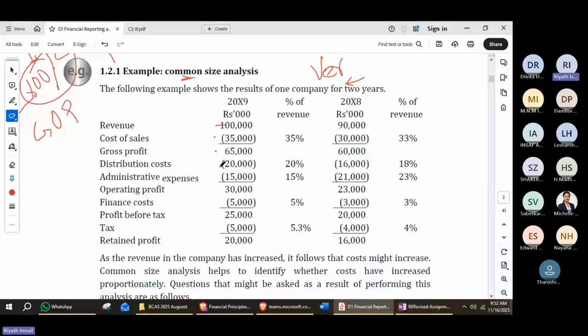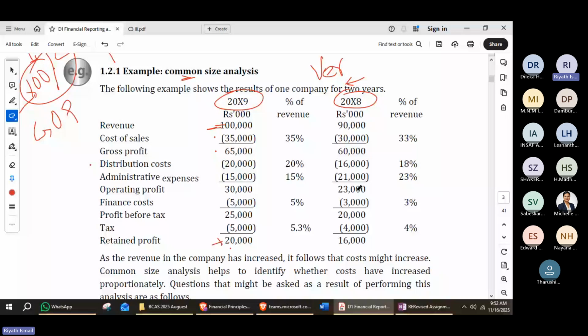Then we get profit. After that, distribution cost, admin, operating cost. Then we finally get this one. This year, 100 million sales, and the retained profit is 20 million. This is in 2019. The previous year is like this.